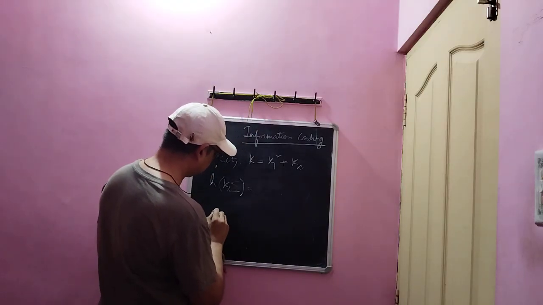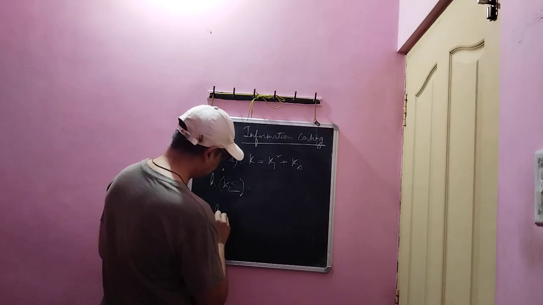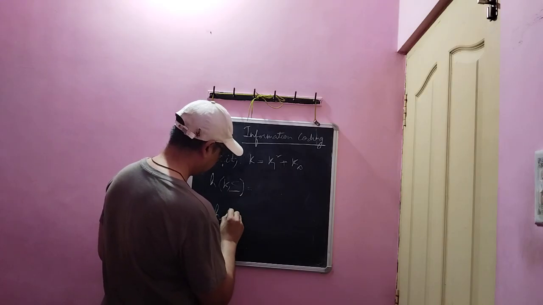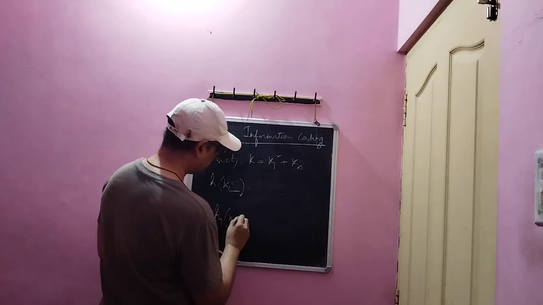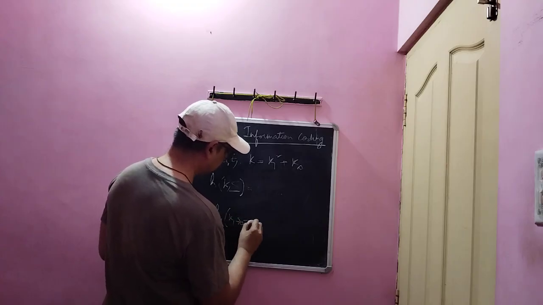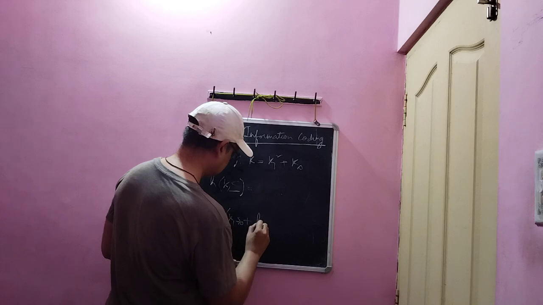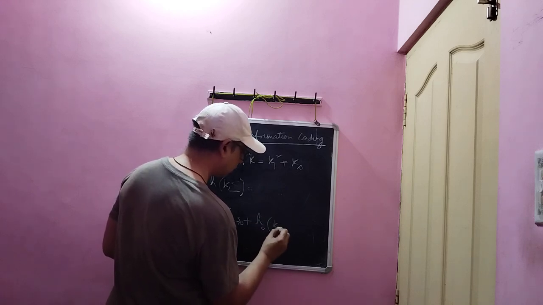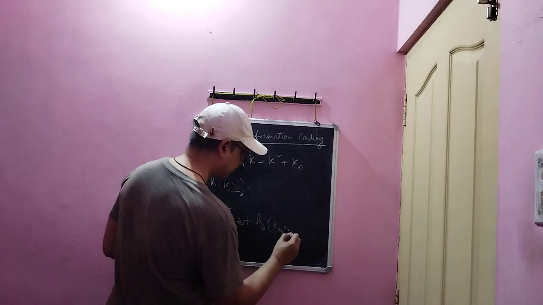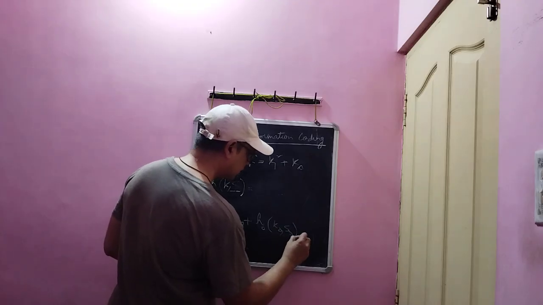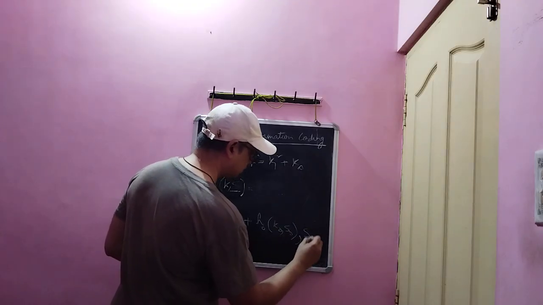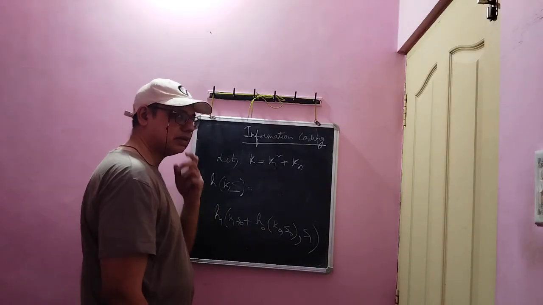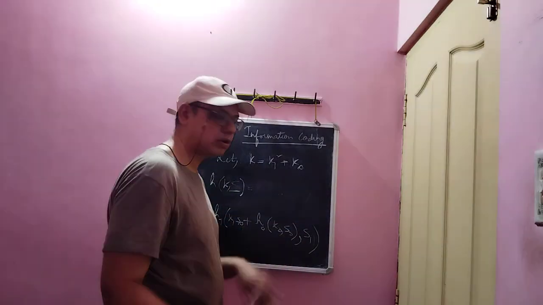It can be defined recursively as h1 of k1 times s naught plus h naught of k naught comma s naught comma s1. That is, we first perform, it's a bit like that Horner scheme for evaluating a polynomial.